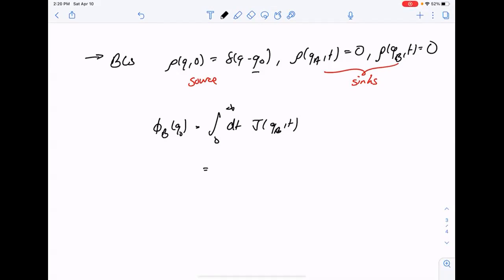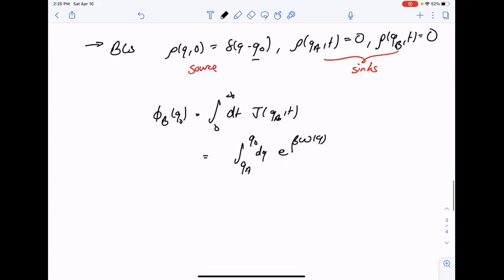You can manipulate that flux, and what you'll find is that it is given by an integral over Q from Q_A to Q naught, where this Q_A is usually taken as the bottom of the well in basin A, an integral over the Boltzmann factor flipped upside down, divided by the same, but integrated from Q_A to Q_B.